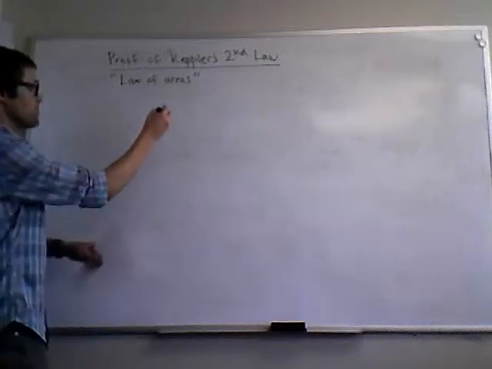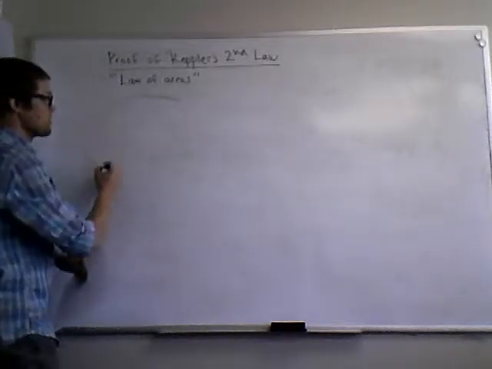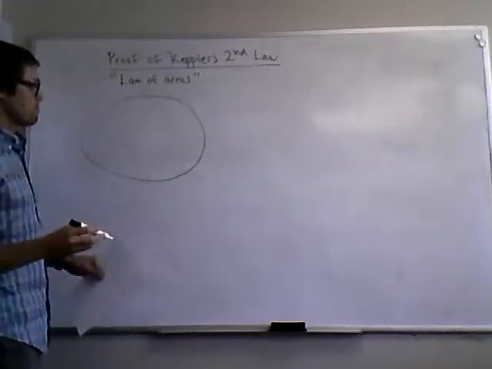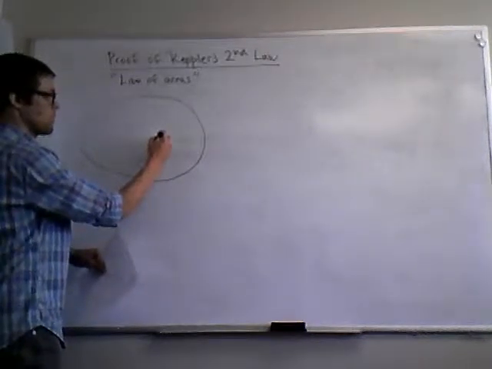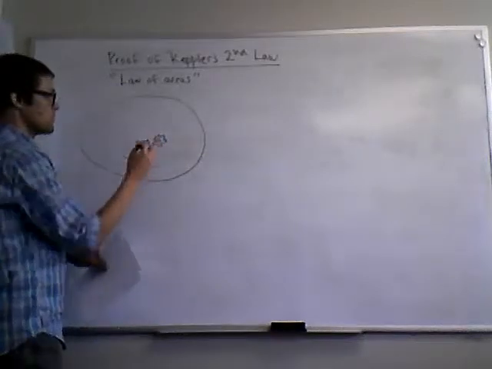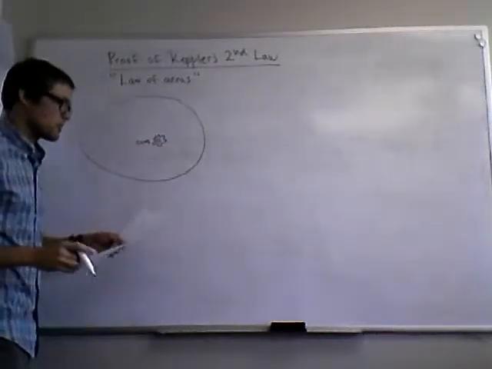Just to give you a picture to go with this, if you've got an elliptical orbit, the Sun sitting at one focus, right? This is what we proved in the last lecture, that the Sun sits at the focus of the ellipse.